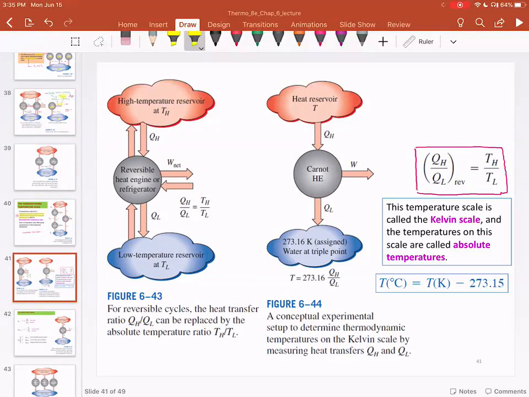And that leads to the definition of the Kelvin scale. If you have a temperature in Celsius, you add 273.15, that leads to the Kelvin scale, and that is called the absolute temperature scale. So the application of the Carnot principle leads to the concept of the thermodynamic scale.